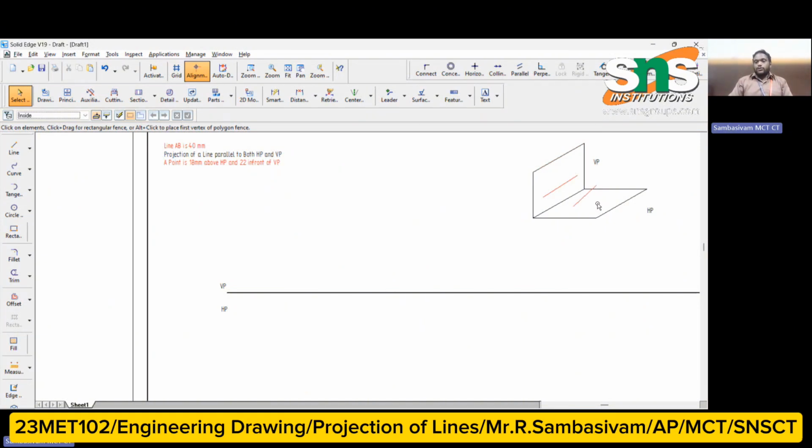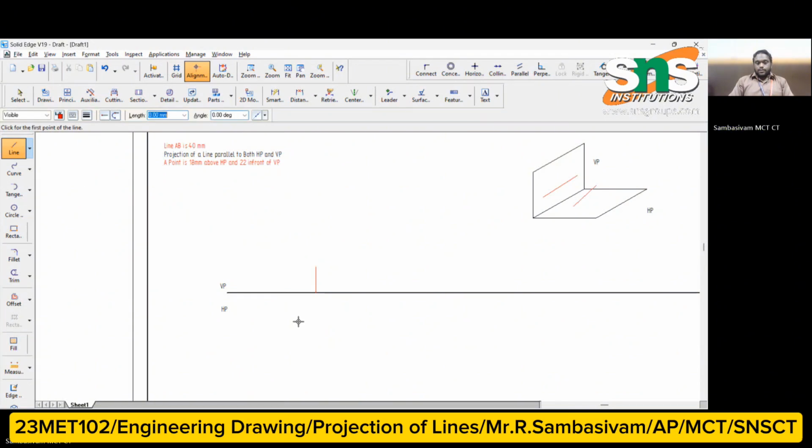Now I would like to move into the rotation. This plane is rotated downwards. As I said, the line is 18 mm above HP, so I have drawn the trace line 18 mm above.